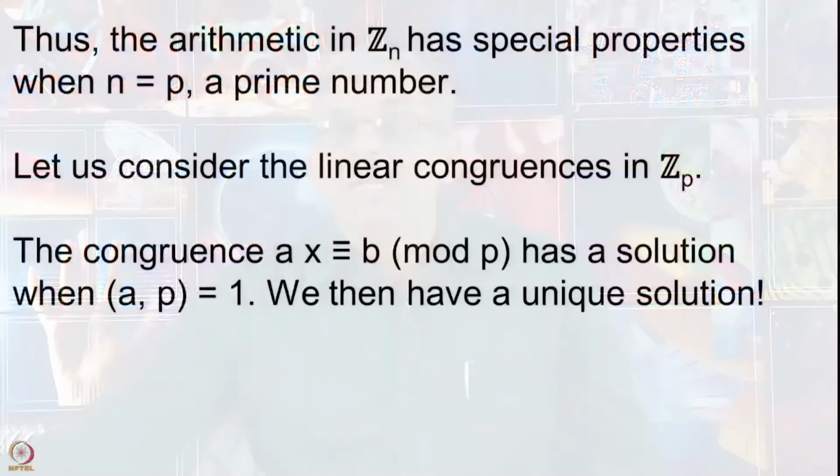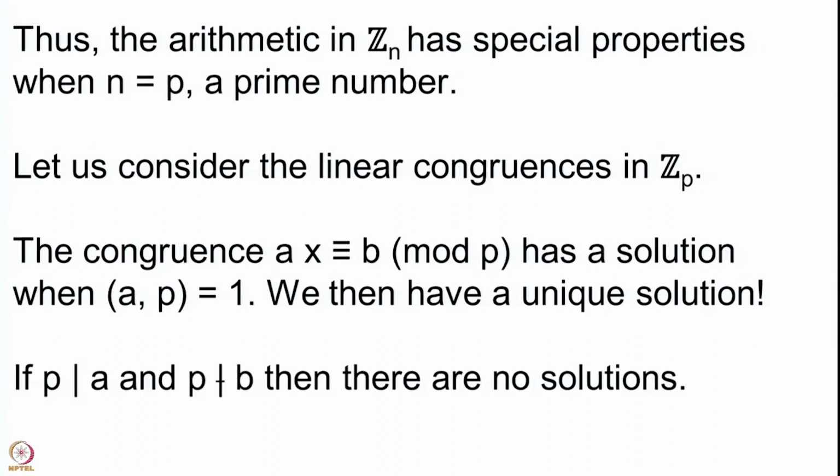And of course, because the GCD is 1, we have a unique solution. Further, if you have p dividing A but p does not divide b, then there are no solutions. So, you will have 0x equal to a non-zero b modulo p cannot give you a solution.